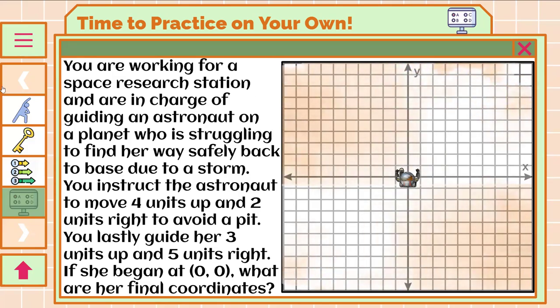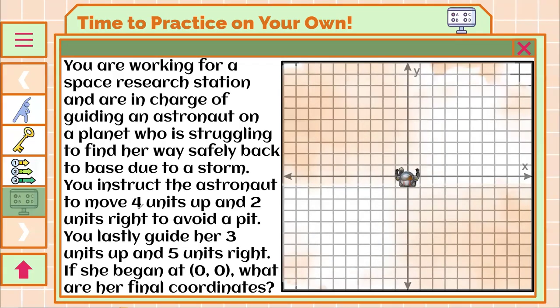Alrighty, I am doing a check-in, so be ready to check your answer or pause if you're not ready. So taking note here, you first instructed her to go 4 units up and 2 units right. So if you first took our figure here and moved them 1, 2, 3, 4, and then 1, 2 units right and stopped here, you did your first transformation successfully.